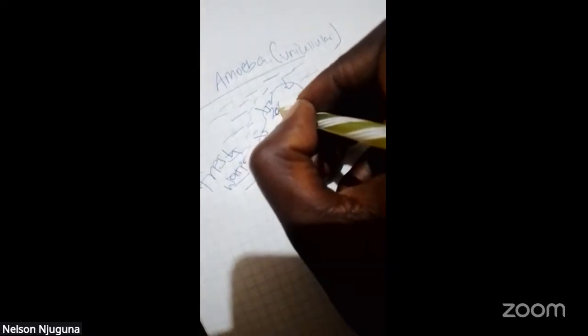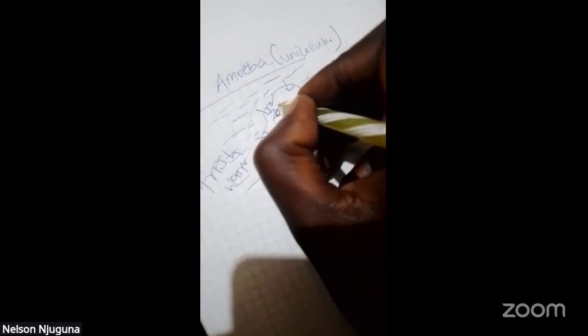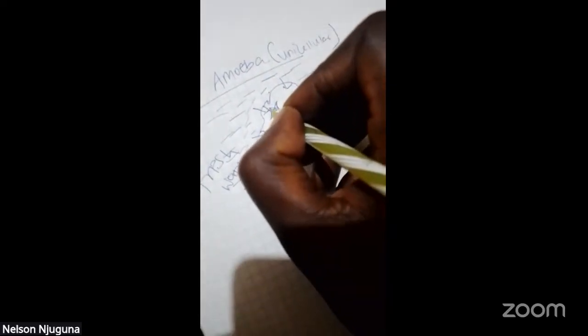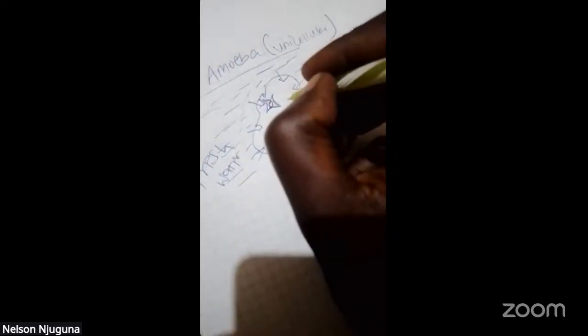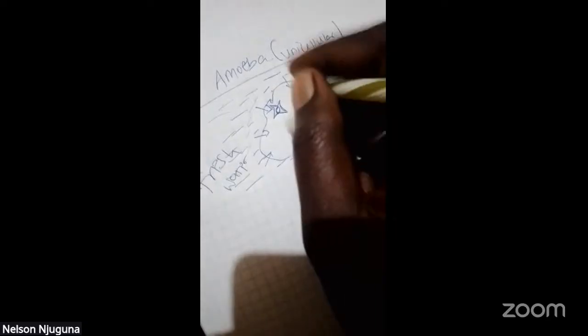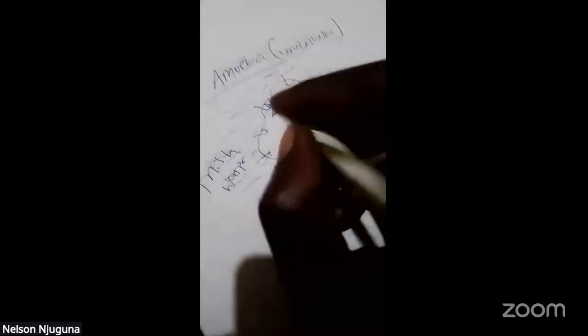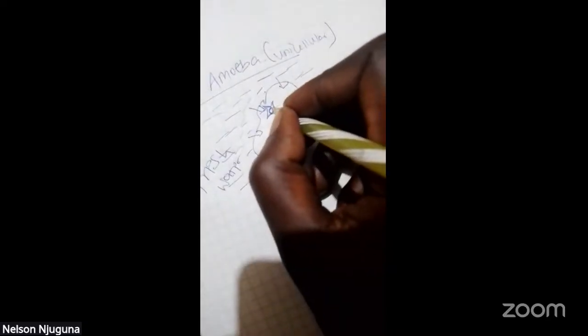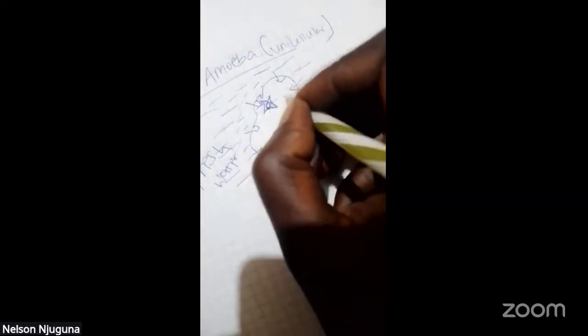Okay, that's how a contractile vacuole will appear. Now the function of the contractile vacuole is that the water entering the amoeba, instead of making the amoeba swell and burst, flows into the contractile vacuole. There are very many. It's not a single contractile vacuole. They are usually very many.